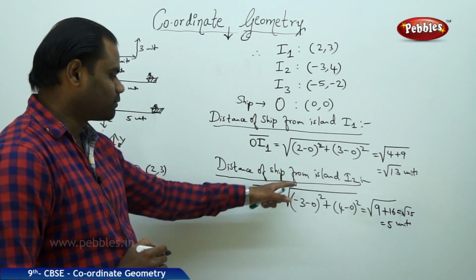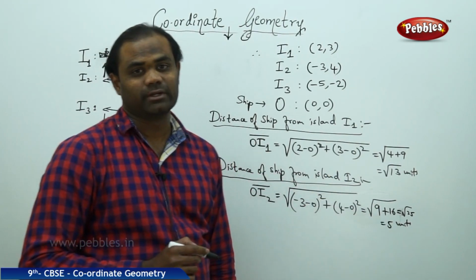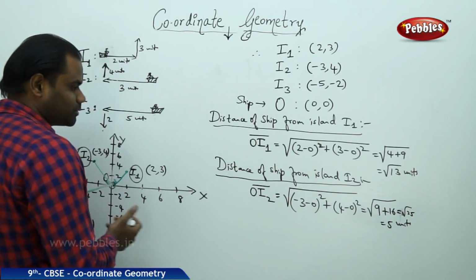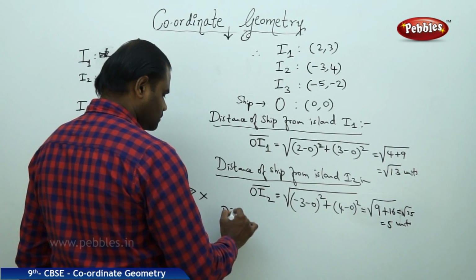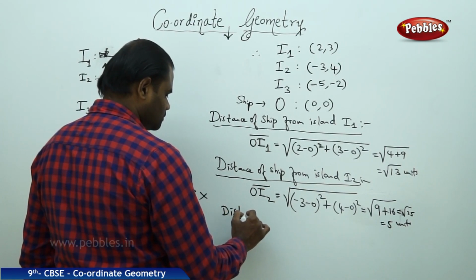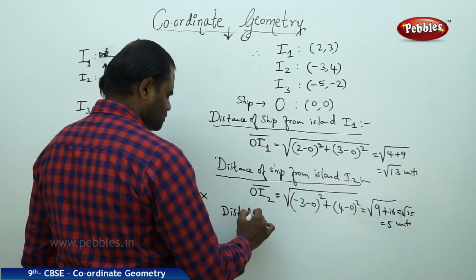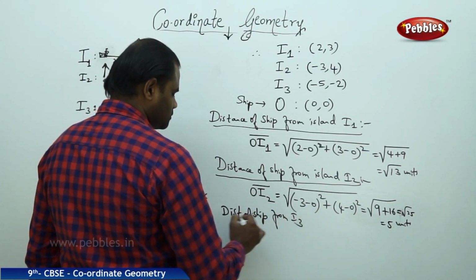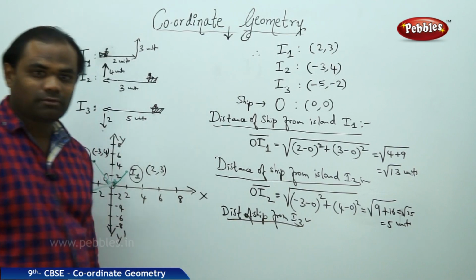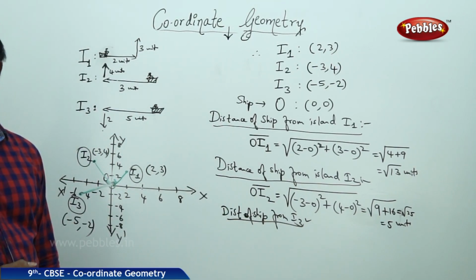So the distance of ship from island I2 is 5 units. Similarly, the distance of ship from island I3. So how do we find the distance of ship from I3?